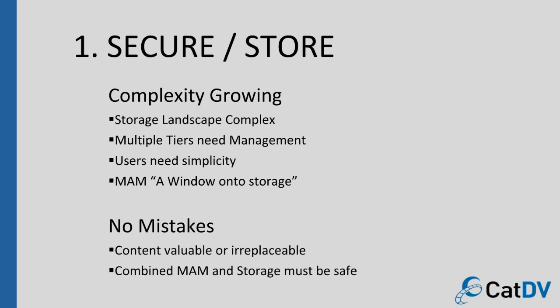Multiple storage tiers need management, and Ken will talk a bit about that later on. At the same time, users just need their content in the right place at the right time. So things need to be really simple. So underpinning a lot of this work is the storage, and the architectures are becoming more complicated, but users are becoming more demanding and needing simplicity.